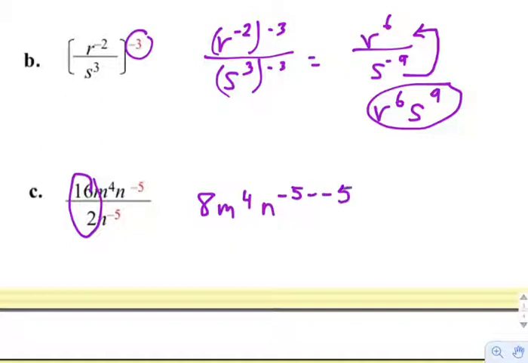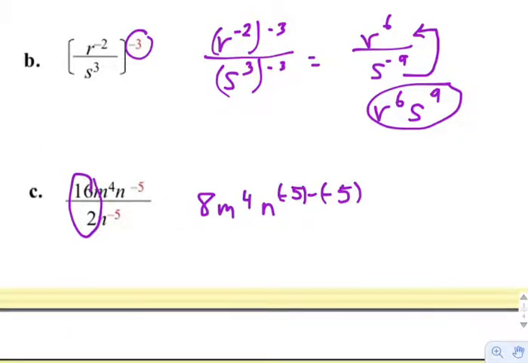Now, I'm subtracting negative 5 because I'm using the quotient rule that if there's a number raised to a power over that same number raised to a power, I subtract the power in the denominator from the power in the numerator.